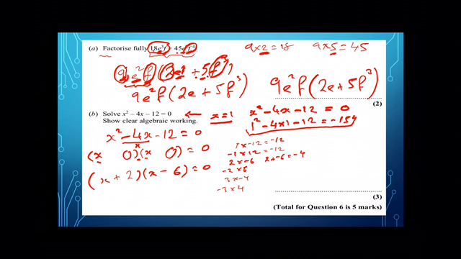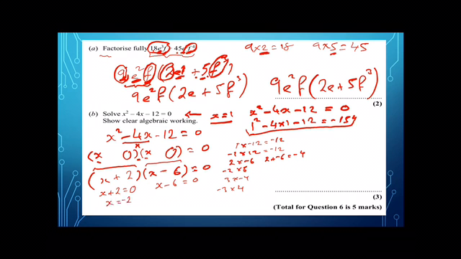Now here we have a number, x plus 2, times another number equals 0. How is that possible? It's only possible if we make that number equal to 0. So why don't we make x plus 2 equal to 0? Or we could have the possibility of x minus 6 equaling 0.